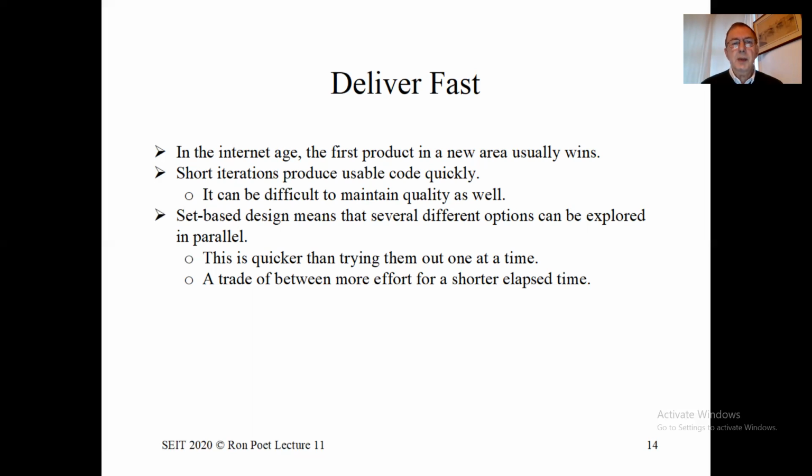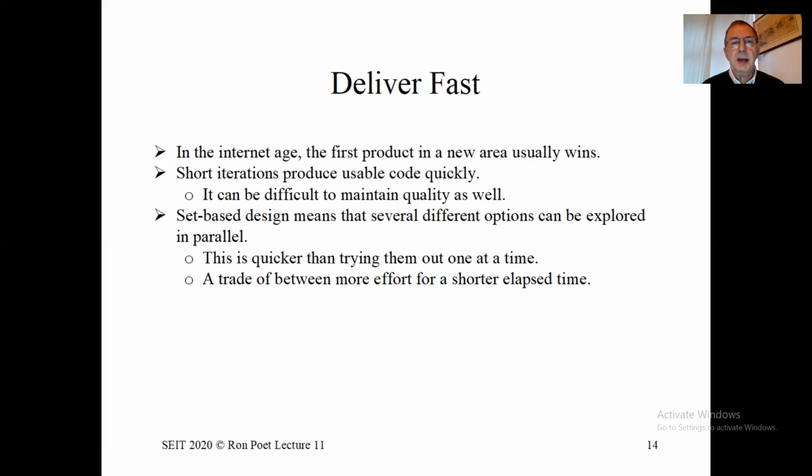Getting first to the market makes it difficult to maintain quality as well. So that's a nasty trade-off that you often have to face up to, in that it's more important to get a not very good product to market first, if that's what the market conditions say.